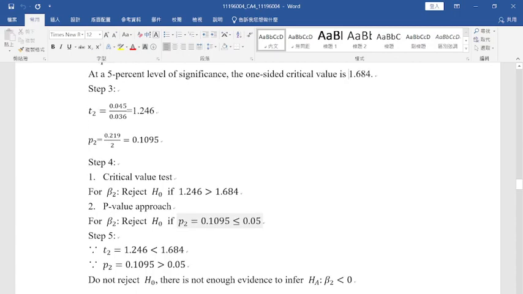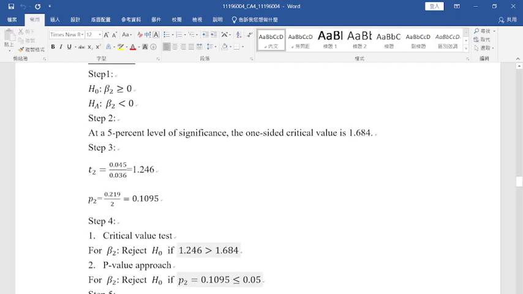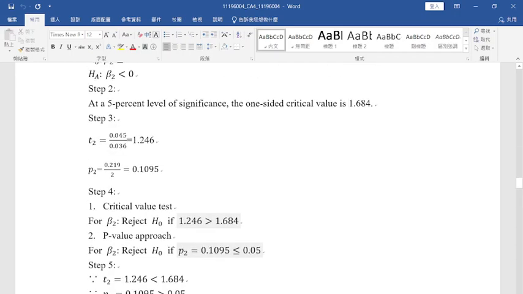So it should be negative 1.246. The critical value should be negative. If it is greater than the negative 1.684, it falls on the non-rejection area.